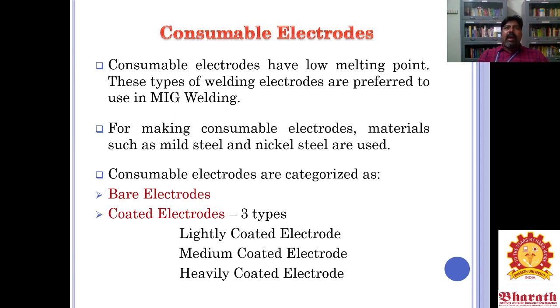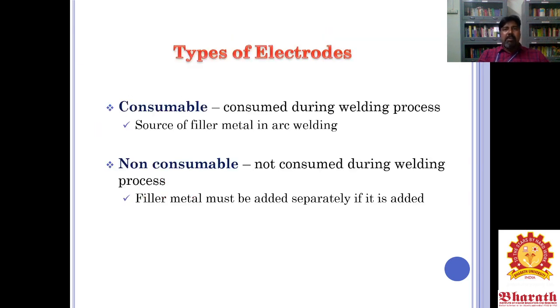And come to the second point, that is the non-consumable electrode. What is meant by non-consumable electrode? Non-consumable electrode means it is not consumed during the welding process. Materials like carbon, graphite and tungsten are the examples we use for non-consumable electrodes, which do not get consumed during the welding.